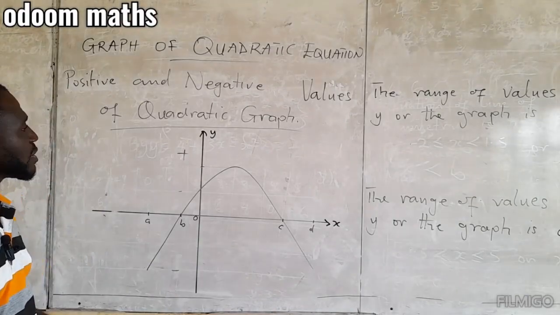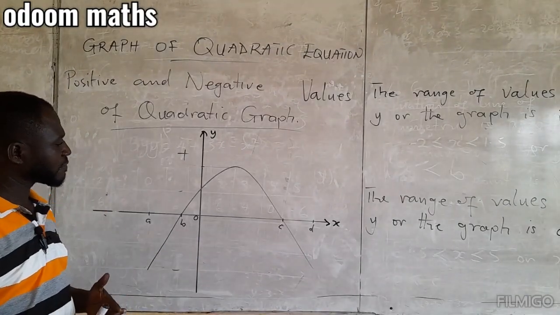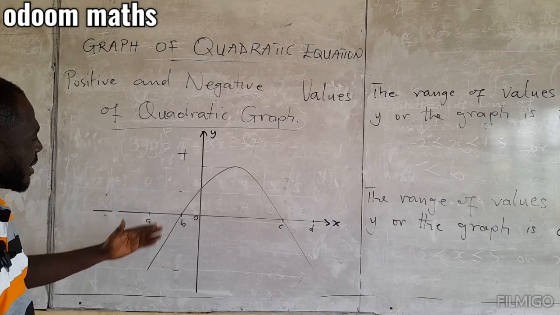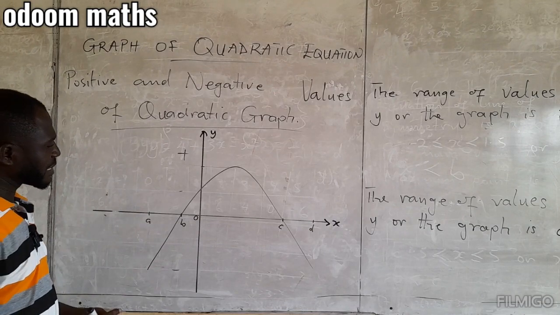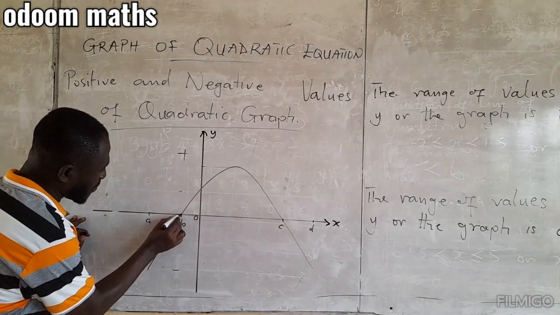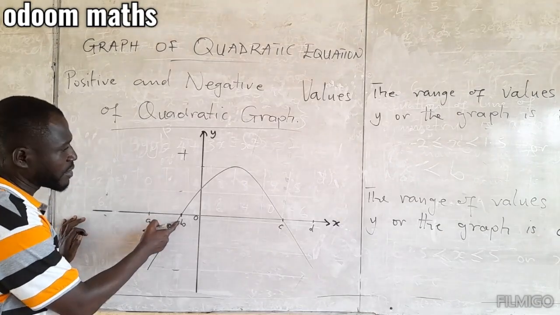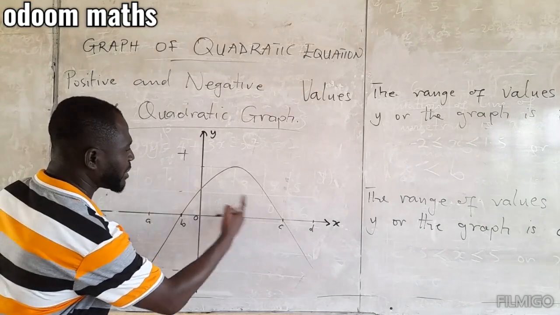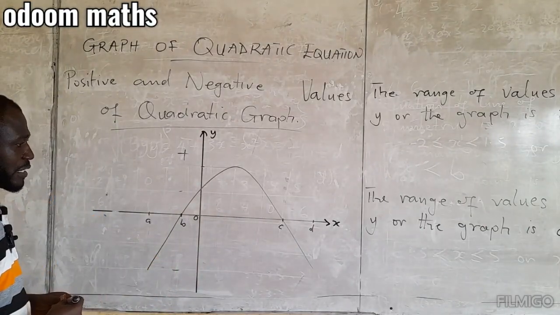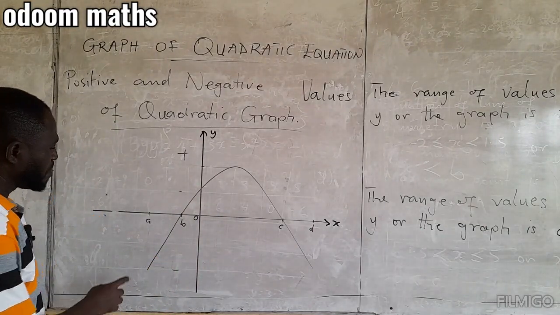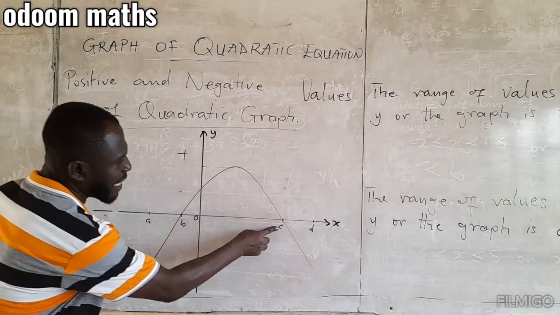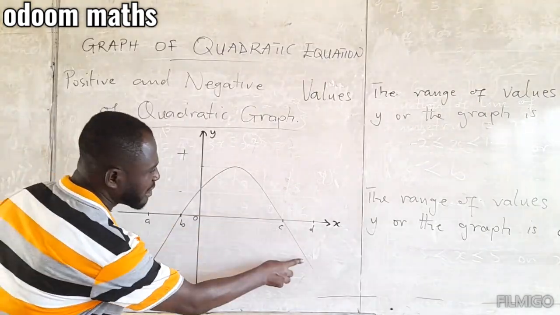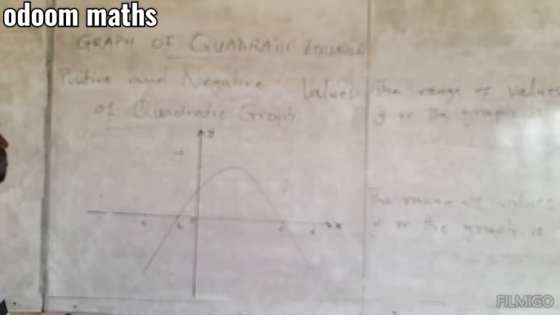So the range of values of x for which y is positive is from where we have x equals b to where we have x equals c. All the values within this range are positive for y. Then those before b and those after c, these values are negative.